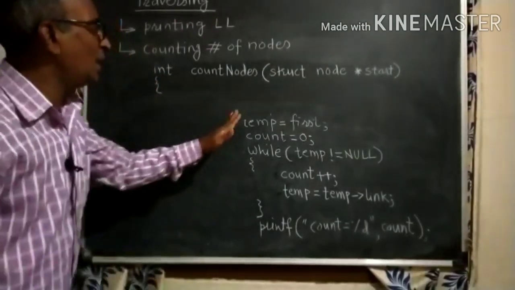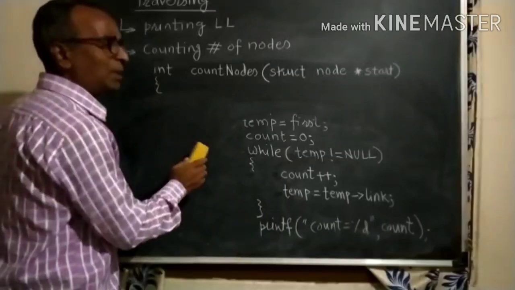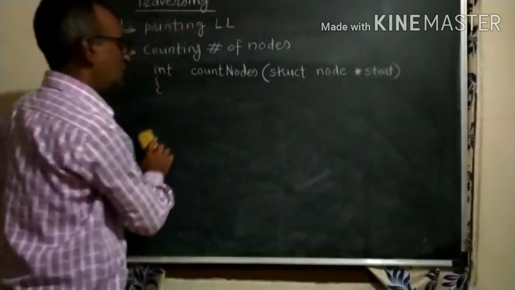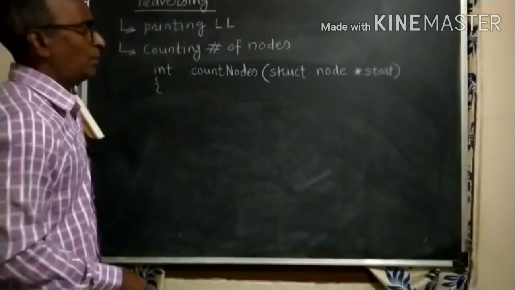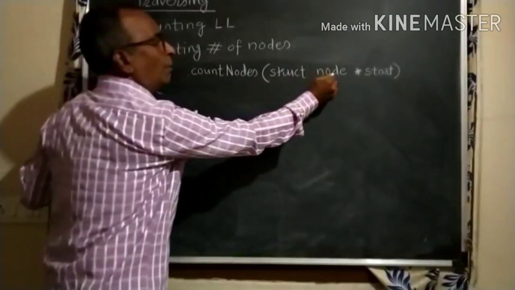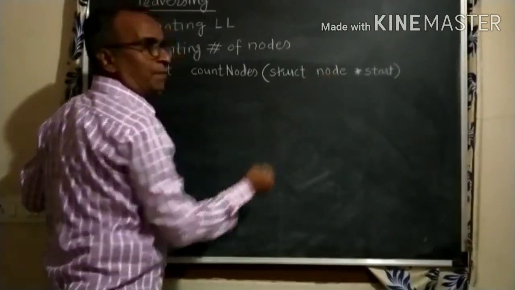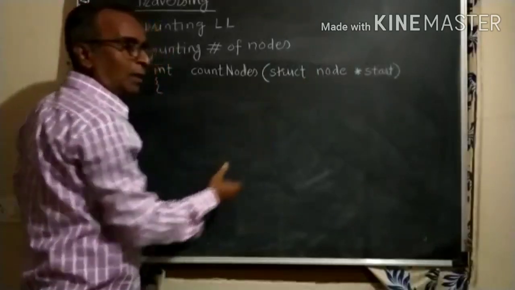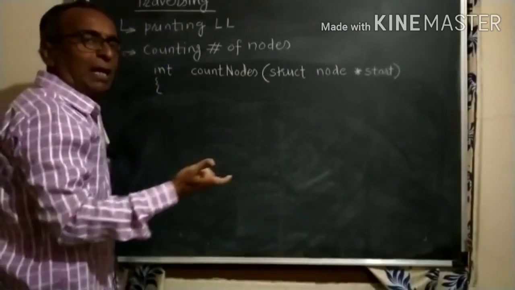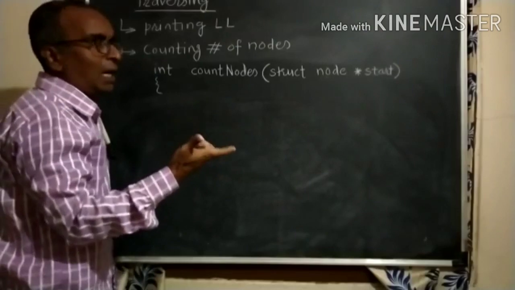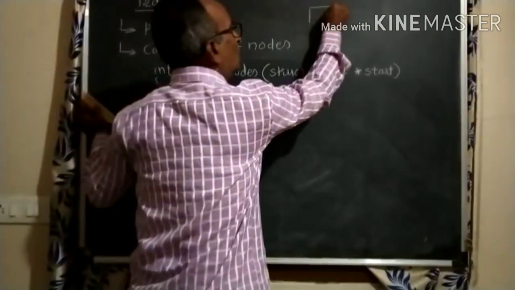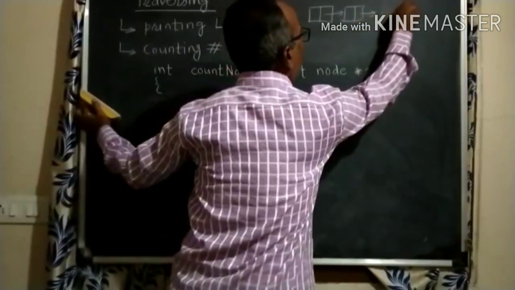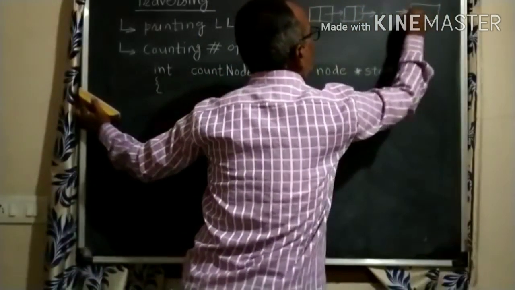Now whatever we have written will be the same. Now I'll rewrite this logic again. We have given the list. Somebody has given me the first node's address. So this might be a linked list given by somebody.